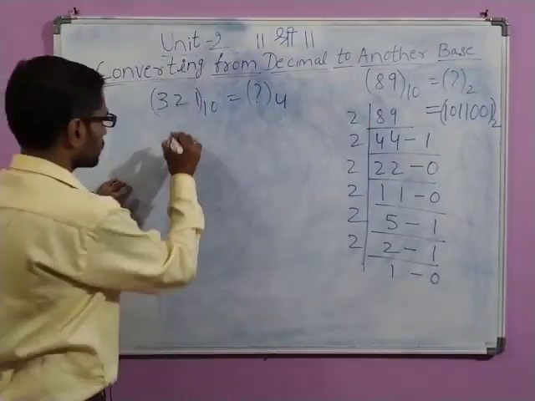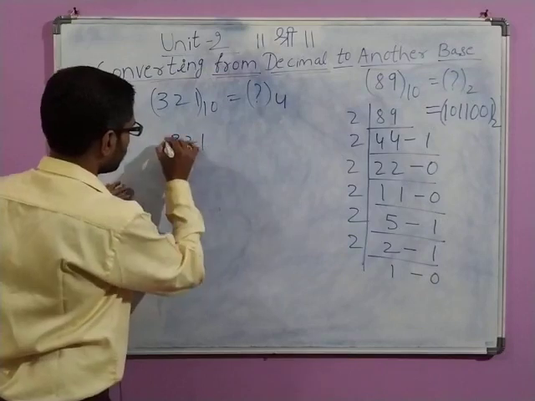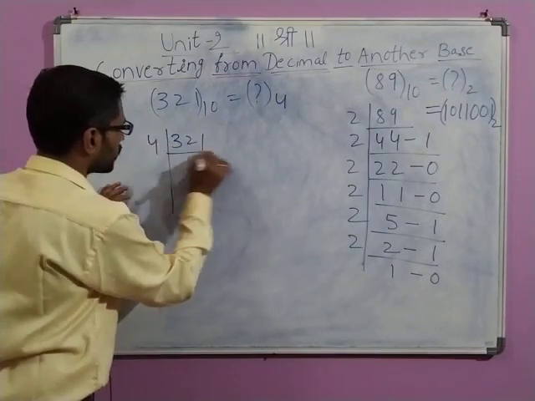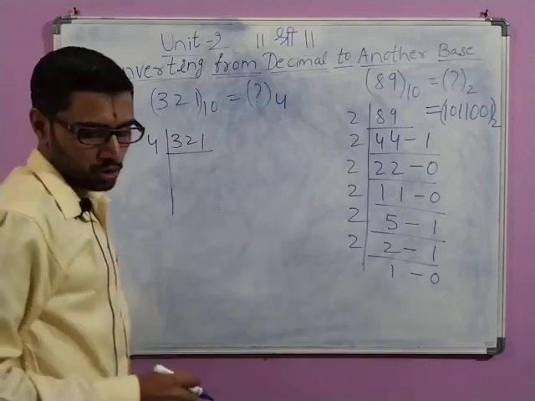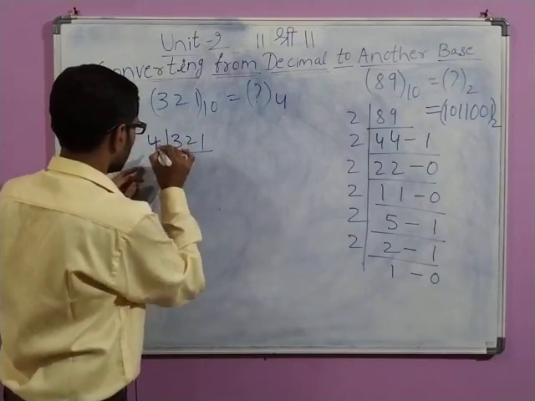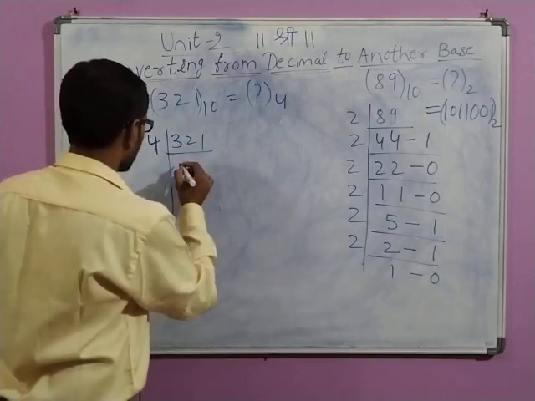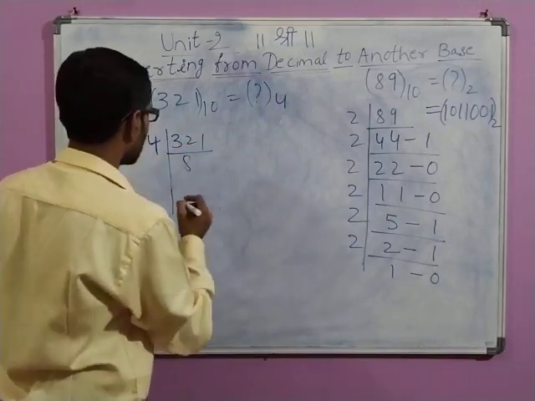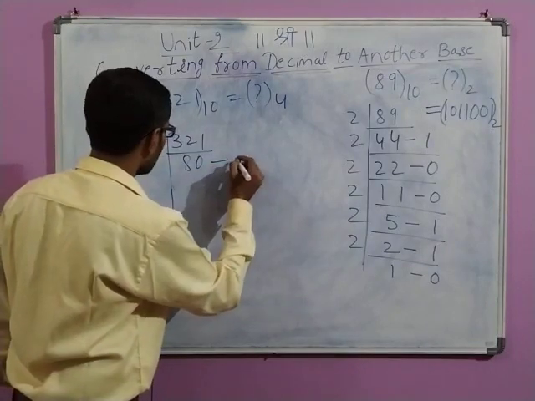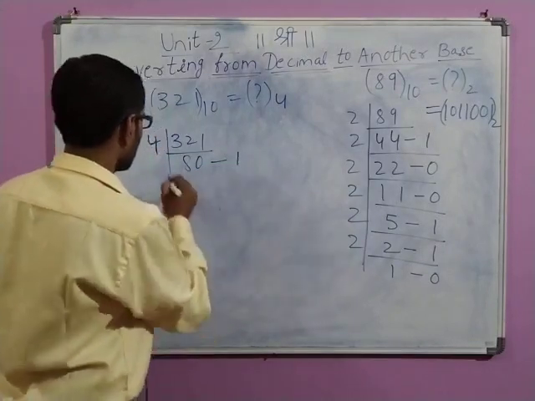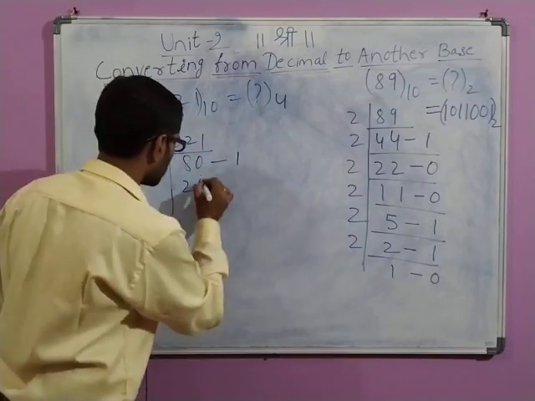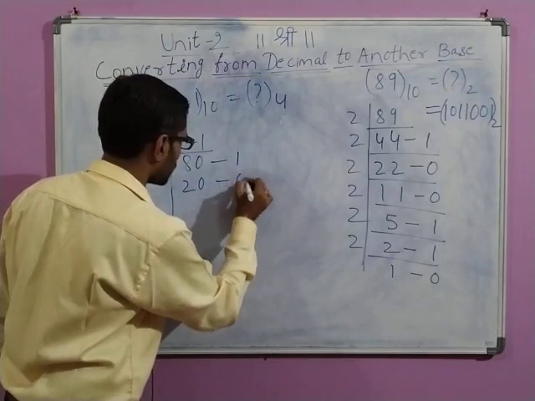So if you take this 321, instead of 2 I need to take 4 because this is the new base. 4 8s are 32 and the next digit is not possible, so we put 0. So the remainder is 1. Now 4 2s are 8, remainder is 0.